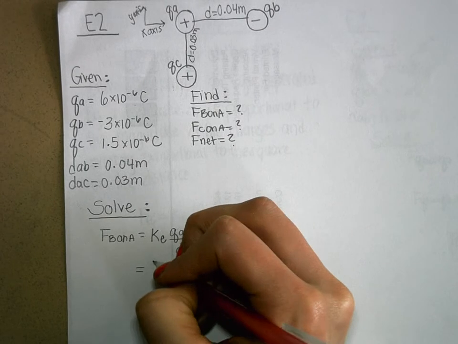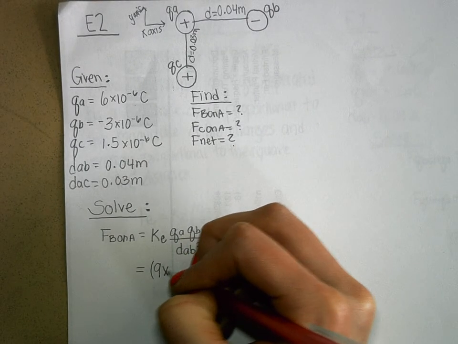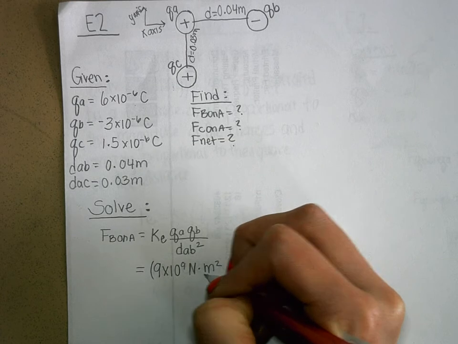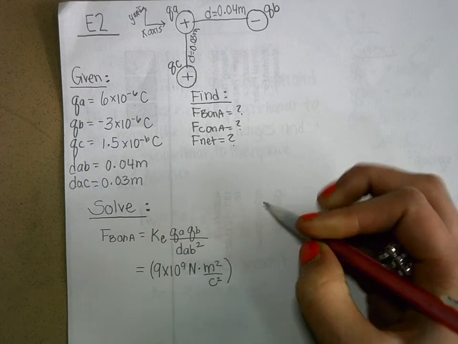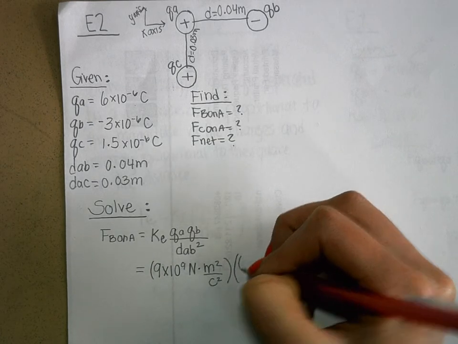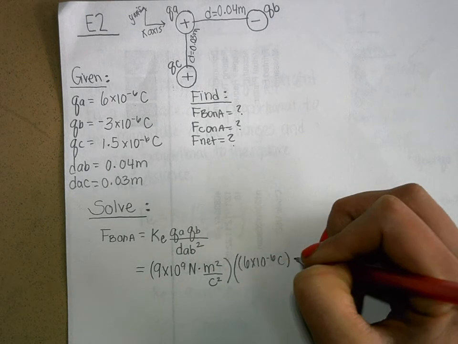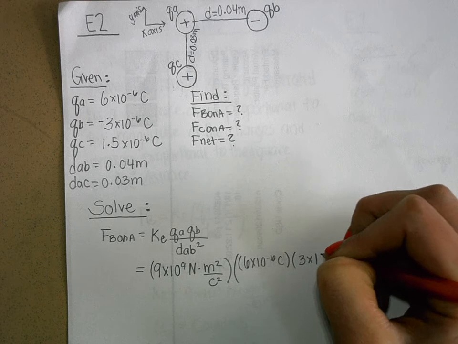So if you plug in your numbers, that's just 9 times 10 to the 9th newtons per meter squared over coulombs squared times our 6 times 10 to the -6 coulombs times 3 times 10 to the -6 coulombs.